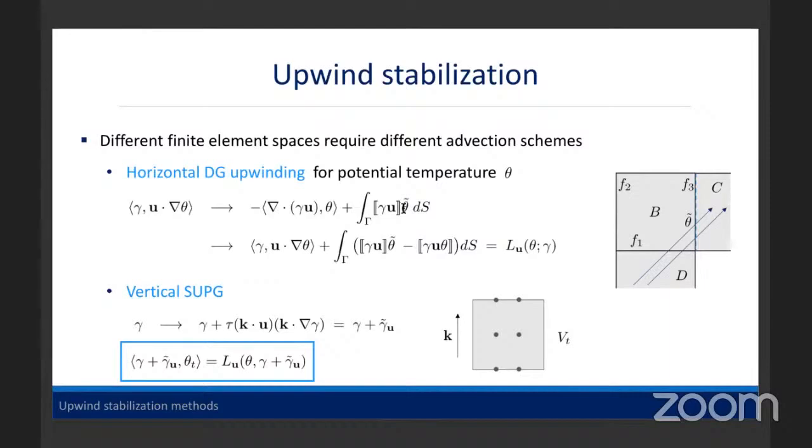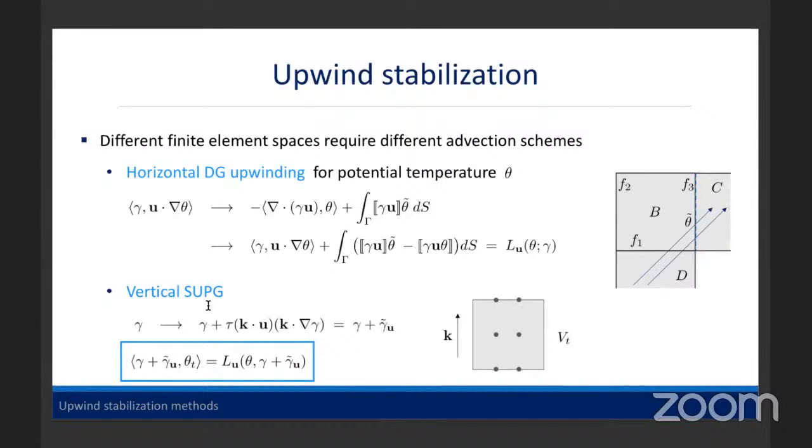And for the temperature field, it's a bit more complicated because I'm discontinuous in the horizontal direction and continuous in the vertical direction because of this Charney-Phillips grid. And so I need two different types of upwinding for the two different directions. So for the horizontal direction where I'm discontinuous, I use this upwind technique. And then for the vertical direction, I use something else called SUPG.